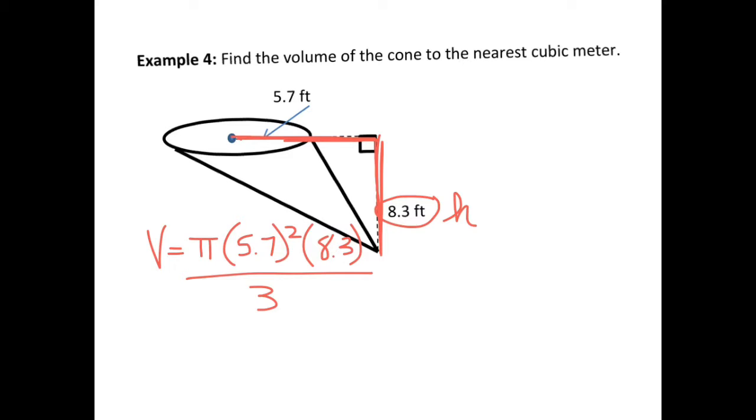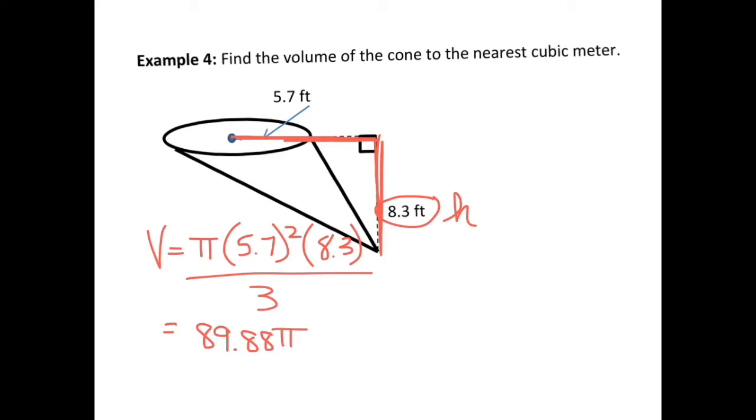I'm going to leave this one in terms of pi again, just like we did the previous one, and then solve with pi. So in terms of pi, my answer is 89.88 pi.